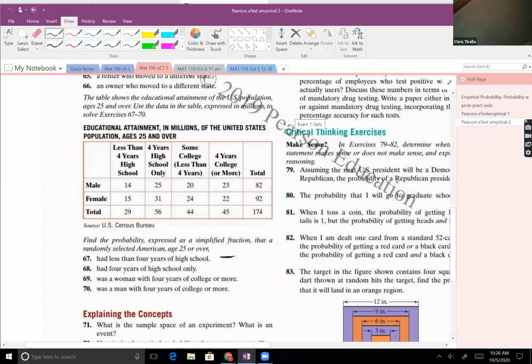What would the denominator be for this fraction if it's dealing with that table? 174. Beautiful. And what would be the number of people that have less than 4 years of high school? 29. And so we set up that fraction.